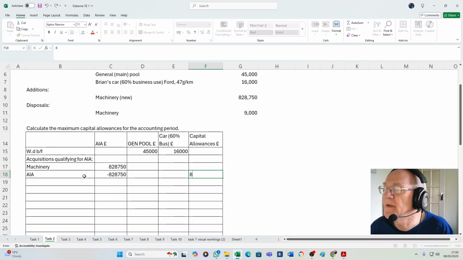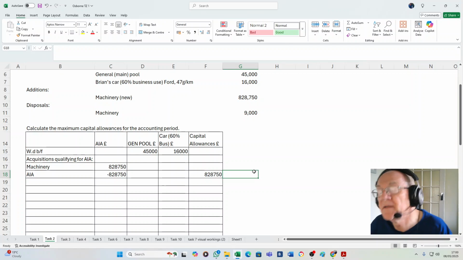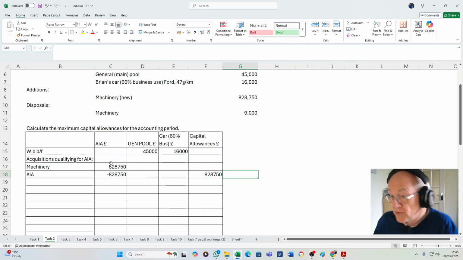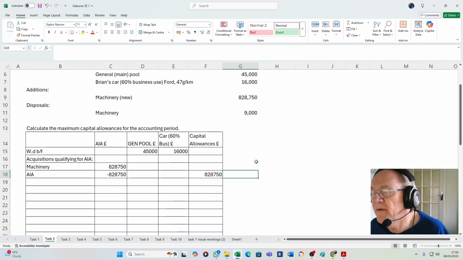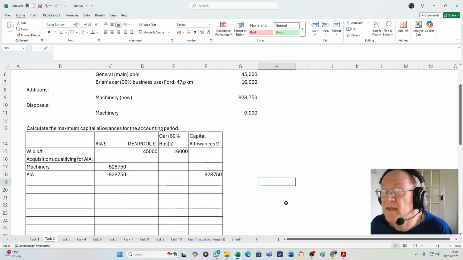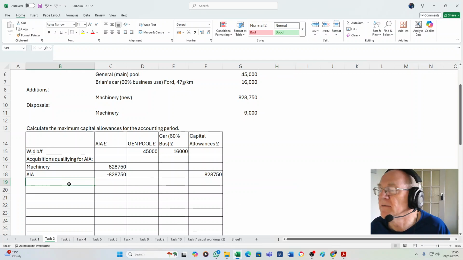Of course there is a limit to AIA, and of course it is reduced for a short time period, so on a different day you might not take the whole amount. You may for some reason not choose to take the whole amount off. If this turns into a loss, you may just save some of that, put it into the general pool or something like that.